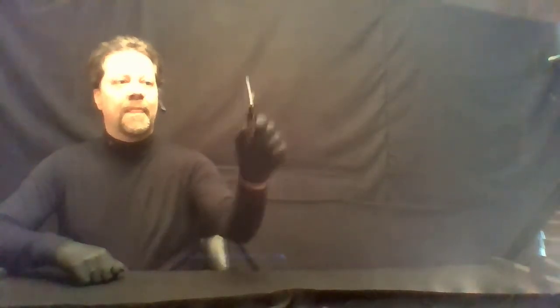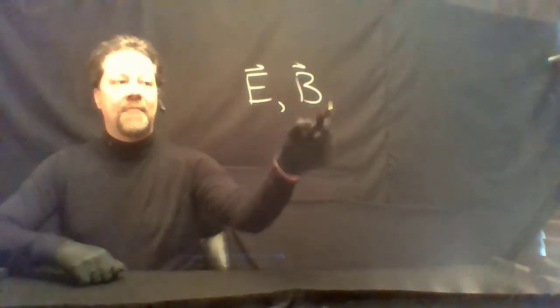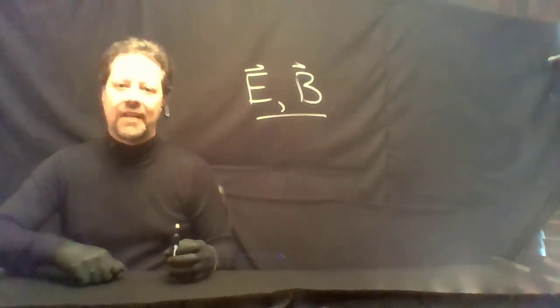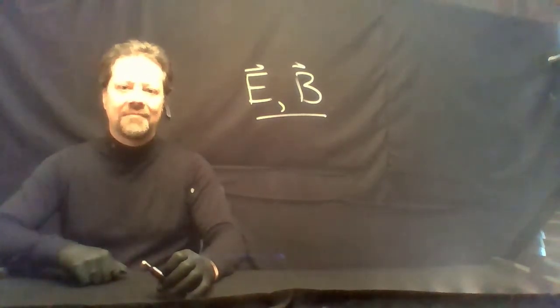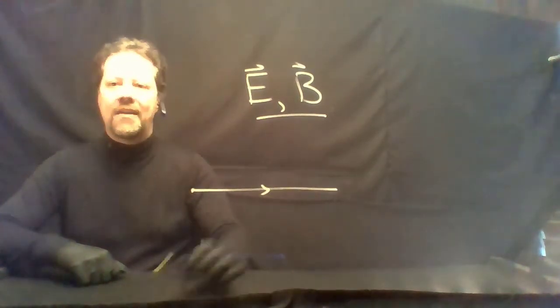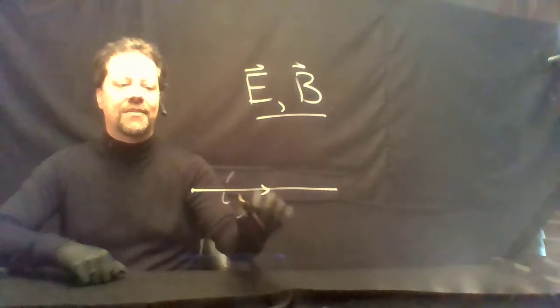Other sorts of vector fields might be the electric field and the magnetic field of the theory of electromagnetics. At each point around a charged particle, there is an electric field. And if you have, say, a current in a wire, you have a magnetic field that cycles around.